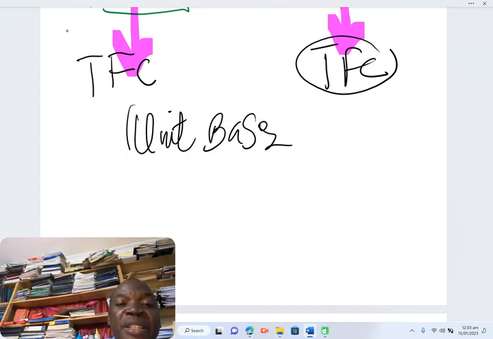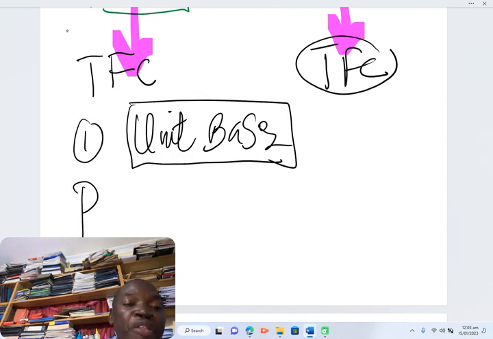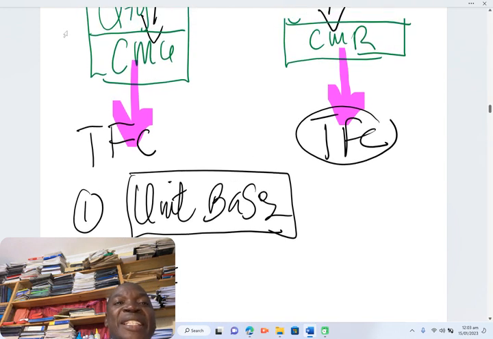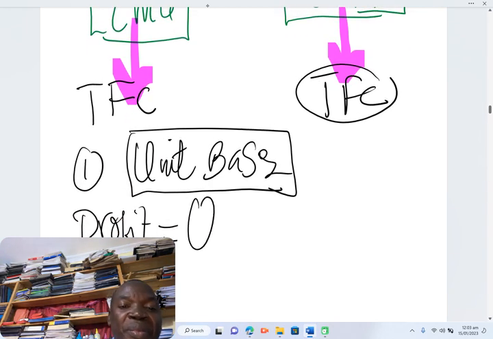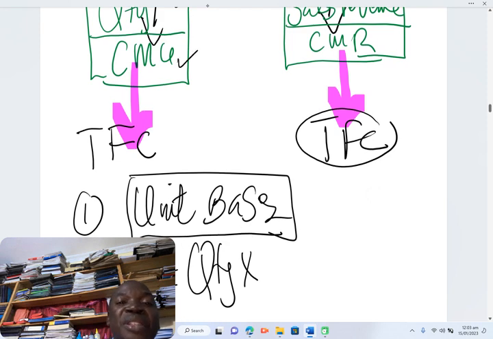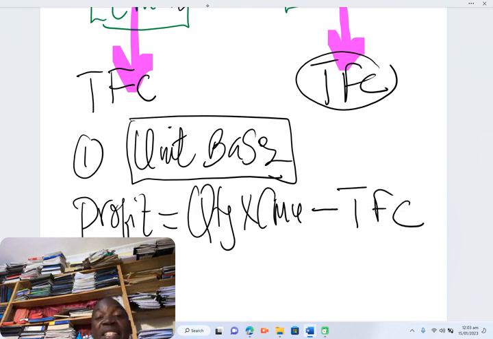The first formula is profit equals quantity times the contribution margin per unit, CMU, minus total fixed cost. That is the CVP if you are asked on a unit basis.